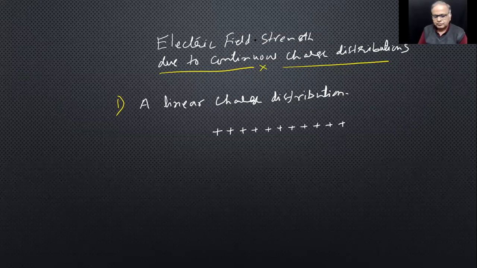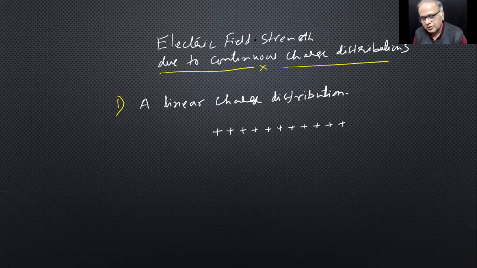So whether the charge is on a metal wire or a non-metallic wire, it doesn't matter as far as the electric field strength calculations are concerned.